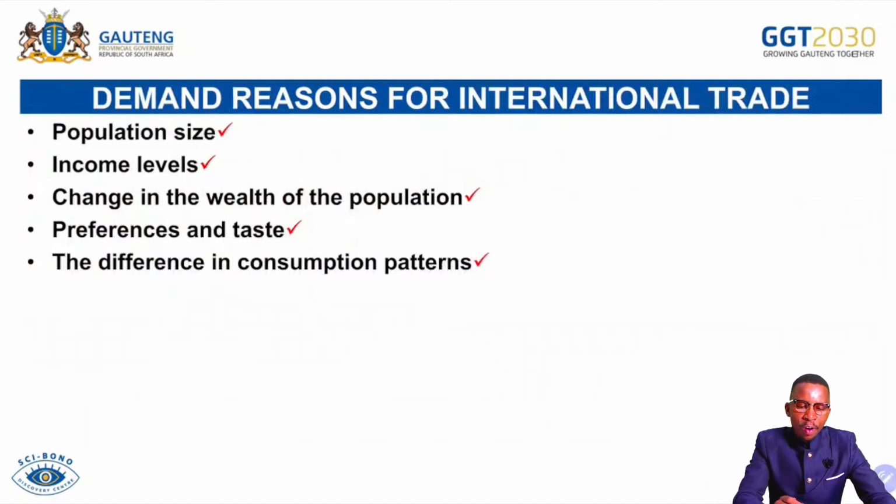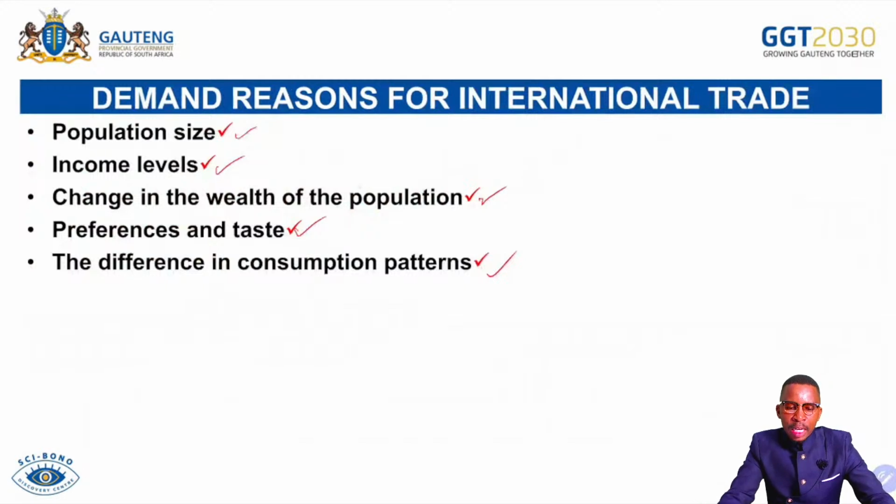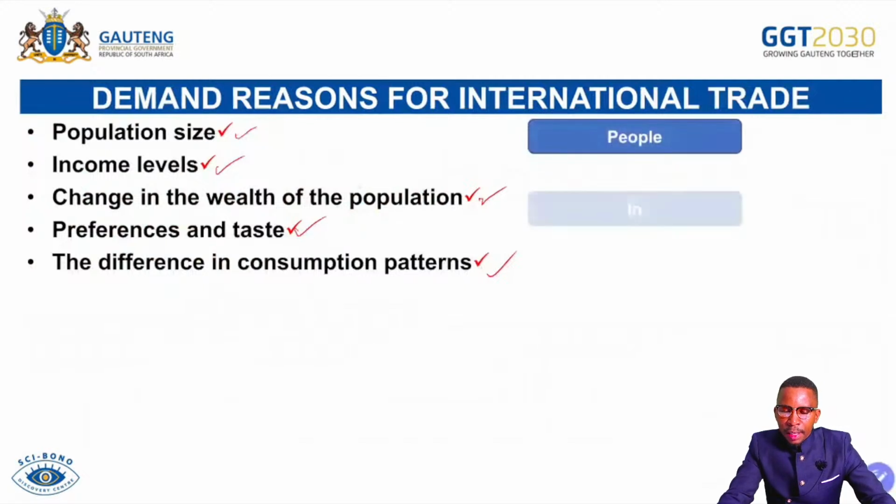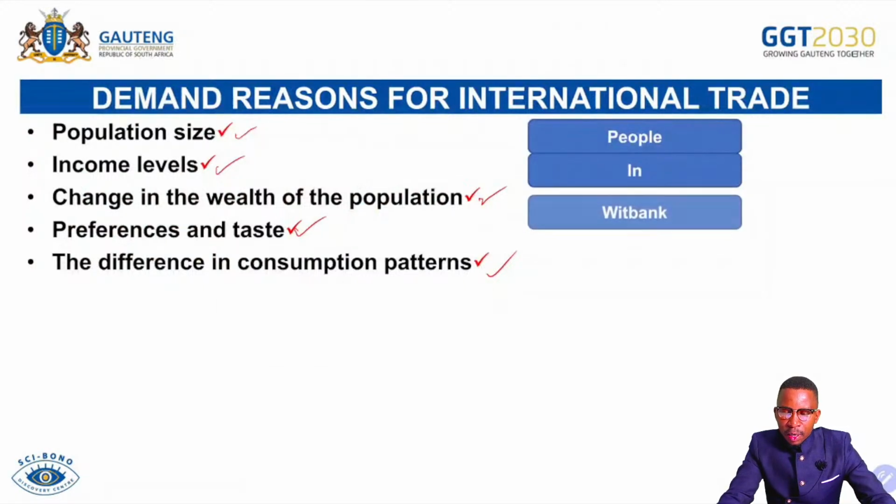Here we go. We have the population size, income levels, change in wealth of the population, preference and taste, as well as difference in consumption patterns. So these are subheadings that are part of the demand reasons. So what do we do to remember easily here? We say, "people in Witbank prefer coffee."